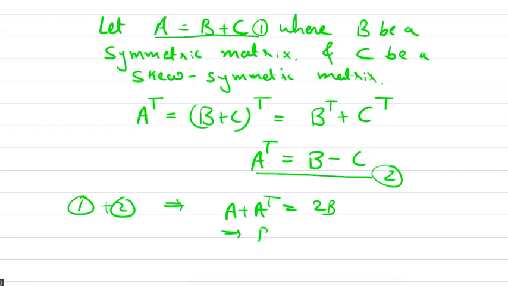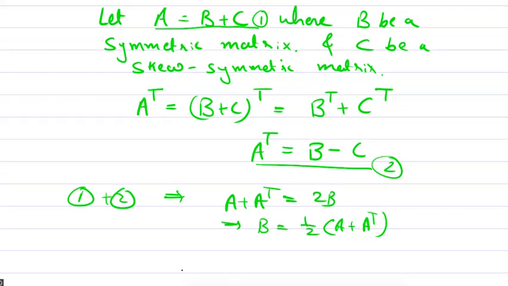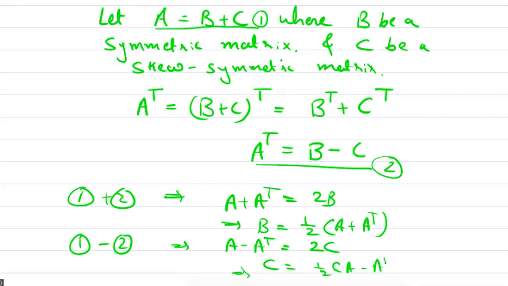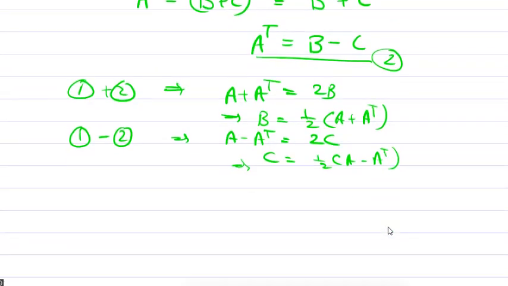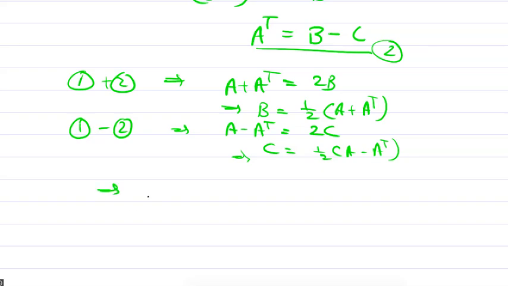From this I conclude that B is half of A plus A transpose. And to get C, we do 1 minus 2, that is A minus A transpose, resulting in 2C. So C is half of A minus A transpose. This completes the uniqueness part, and this completes the proof.